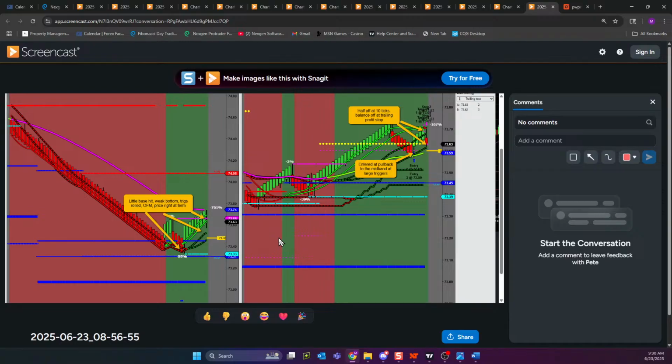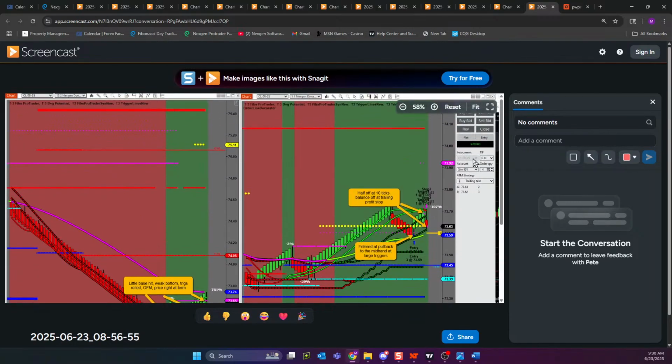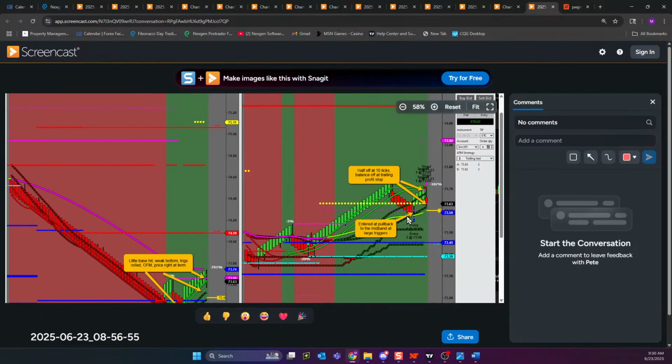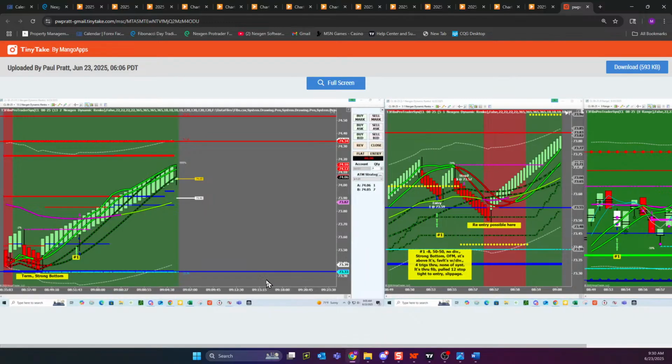Who knows? Maybe I stumble into something great, but he has zero risk. It's simulator. It's monopoly money. What Pete's doing is seeing if there's a way outside of the best way, and maybe he'll change his trading plan.